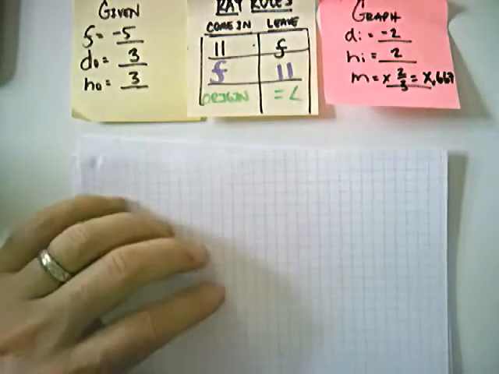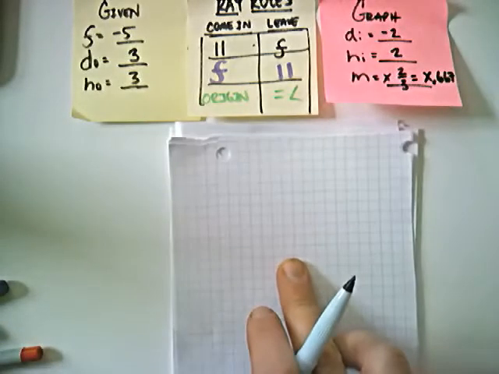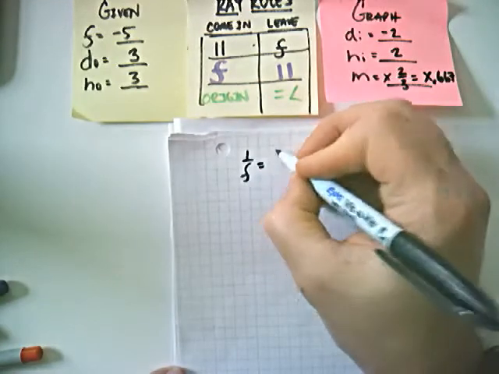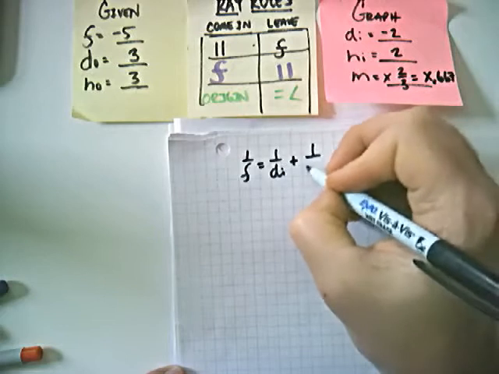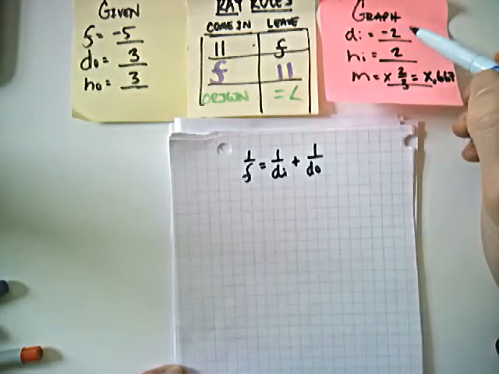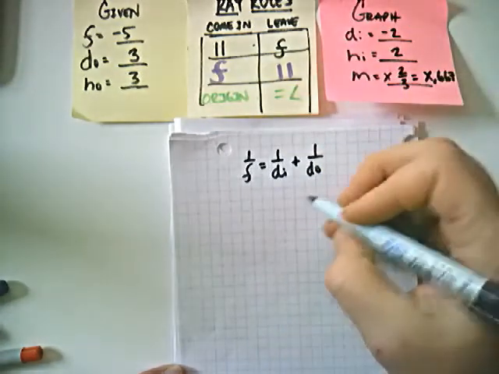Math. First thing we're going to do, I'm going to turn my paper. So we're going to do 1/f equals 1/di plus 1/do. Lens maker's equation. Remember, illegal, can't use pink, only use the givens.